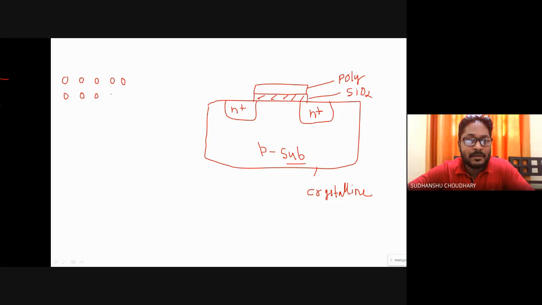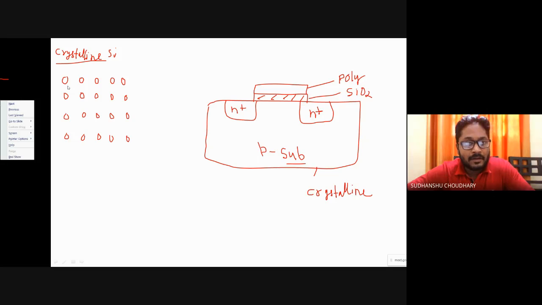For example, these atoms here seem to be periodically arranged. Let us say that this is the silicon lattice. So all these atoms are periodically arranged. When this happens, we say that my semiconductor is a crystalline semiconductor, right? So crystalline here means that if it is crystalline silicon, all the silicon atoms are periodically arranged.